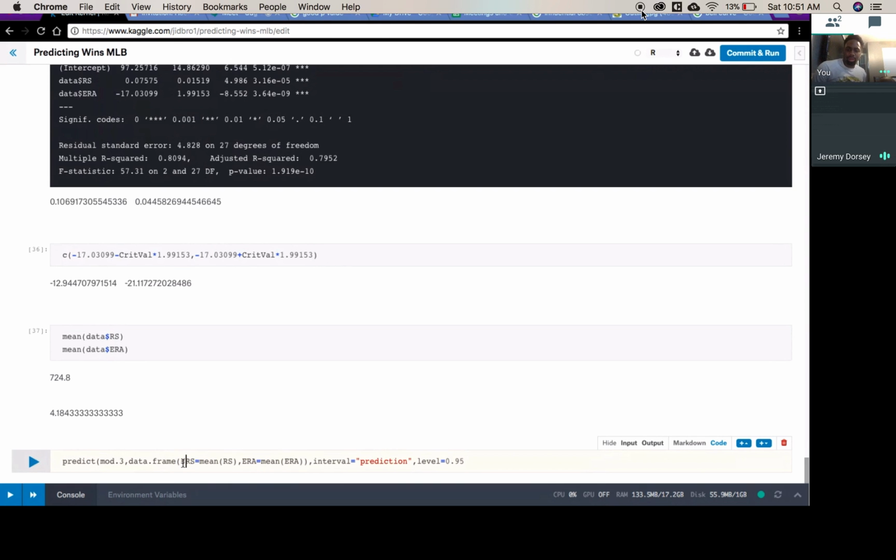So let me change this so that we don't get another error. And then the interval, we're doing a prediction interval. You can do different intervals, but this just specifies it, and then the level is 0.95 because we want to do a 95% prediction interval.